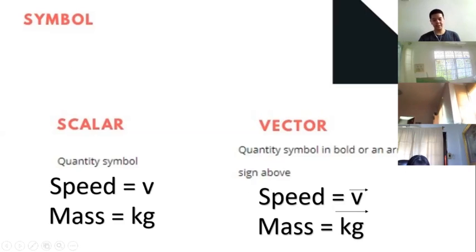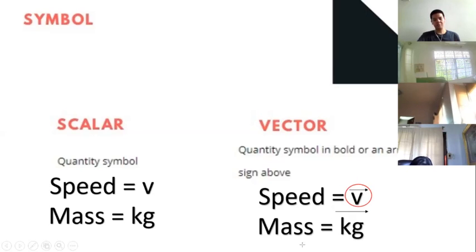But for vector, of course, it has direction. So for direction, you are going to draw an arrow. For example, for speed, the quantity symbol is V, right? For vectors, it already has direction. So that's why you need to write or draw an arrow above V. Just like this one.